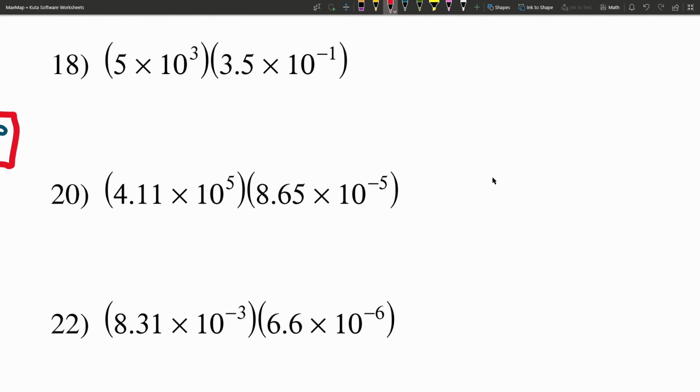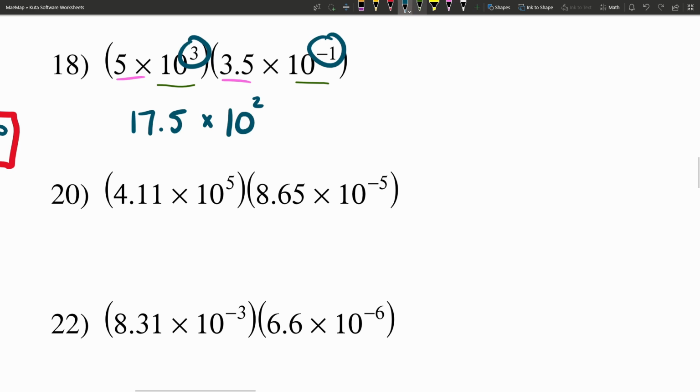In number 18, again, combining those like bases together and multiplying those decimals, 5 times 3.5 is going to give me 17.5, and that gets multiplied by 10 to the 3 plus negative 1, or 3 minus 1, which is a positive 2. This isn't quite in scientific notation yet because I need to rewrite 17.5 first. So writing 17.5 in scientific notation, that would be moving the decimal place over once.